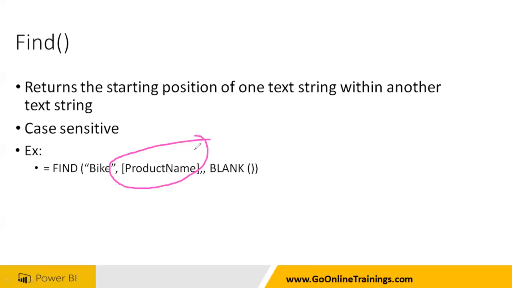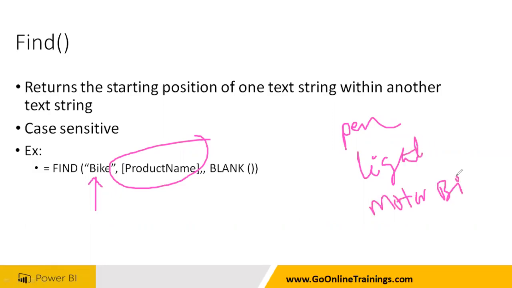In the product name column, I wanted to know wherever there is a bike. For example, I have a product name called pen, another called light, and another called motor bike. Like that, I have a lot of product names. I wanted to understand wherever there is a bike, get me that.